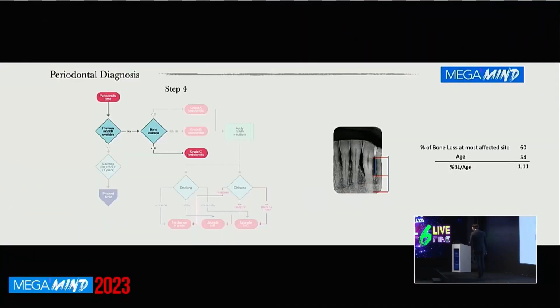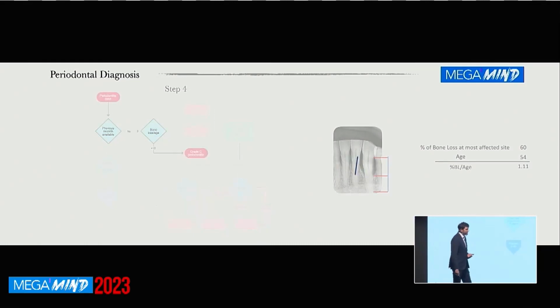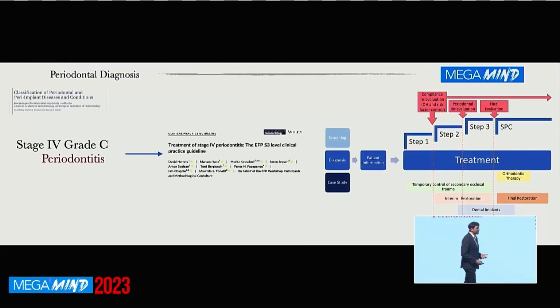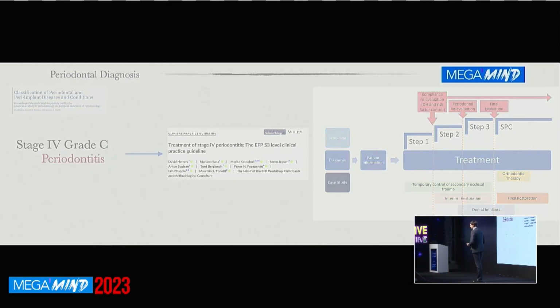Moving on to the grading, because we have a bone loss to age ratio more than 1, we classify it as grade C. So we have a patient with periodontitis stage 4 grade C, and we start our treatment in a stepwise approach according to the clinical practice guideline.